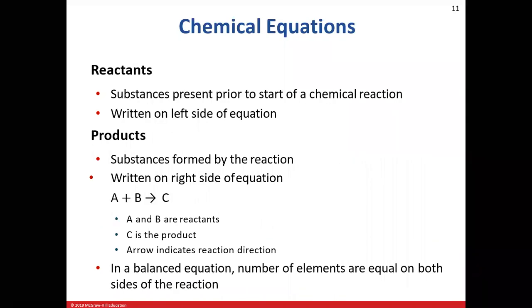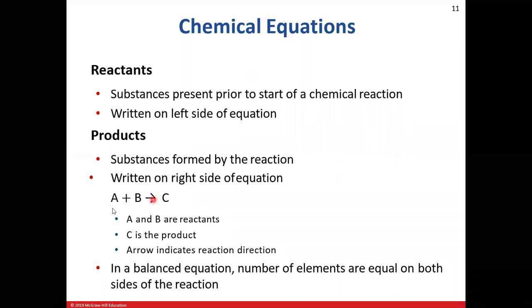So let's look at the reactants first. The reactants are going to be the substances that are present prior to the start of the chemical reaction, and they're going to be written on the left side of the equation. Our products are going to be the other ones. They're going to be on the right side of the equation, and these are the substances that are formed from the reaction. So you'll see here's that yields arrow that I referenced before.